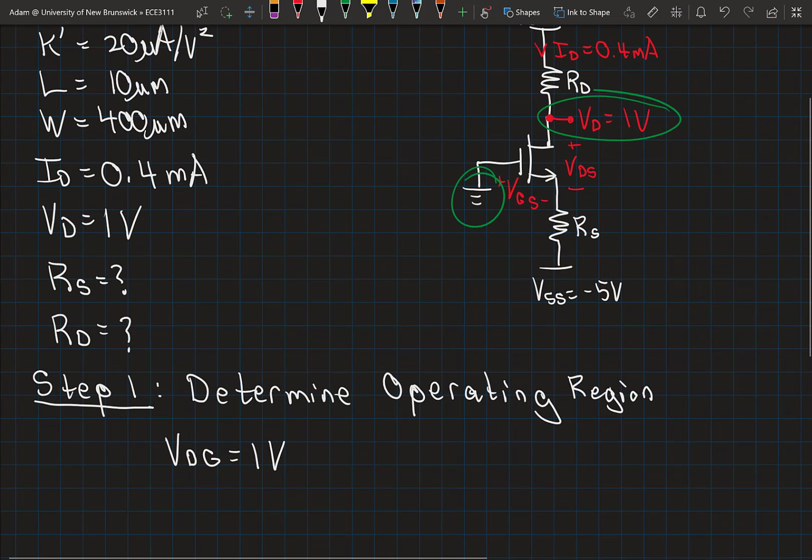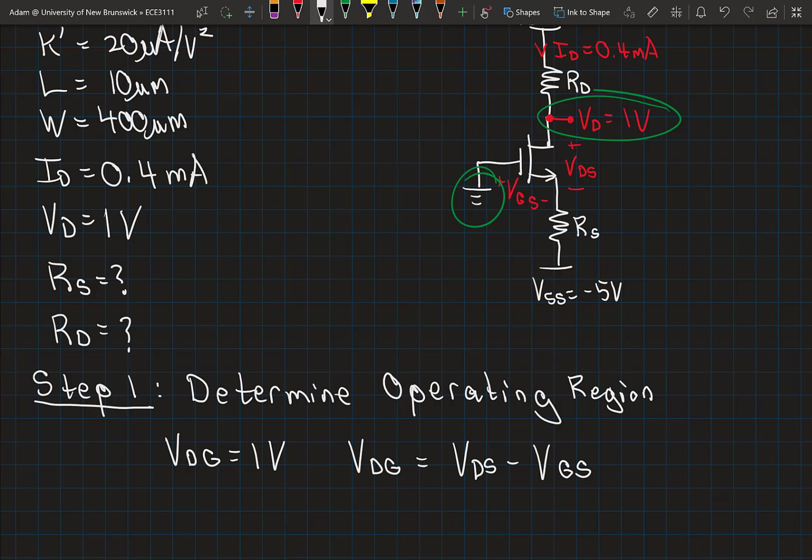Okay, I could express or calculate my drain to gate voltage as the voltage at the drain with respect to the source minus the voltage at the gate with respect to the source, just to get these in quantities that are going to be helpful in determining the operating region.